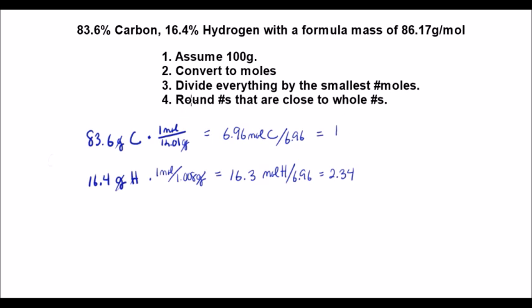All right, the next step says round numbers that are close to whole numbers. Well, 1 is 1, but 2.34 is not really close to any whole number. So we have to figure out what to do here. If you look at this part of the number, you'll notice that that roughly looks like it's about a third, right? 0.33.